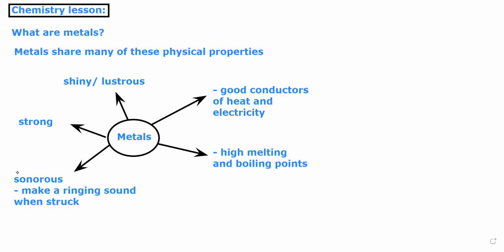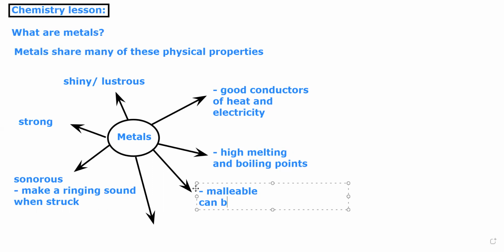Then other than that, there are two more keywords that we need to know about metals. We can talk about that they are malleable. What does malleable mean? Malleable means can be bent into shape, can be molded.